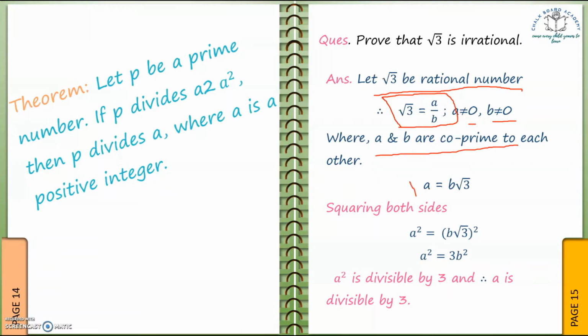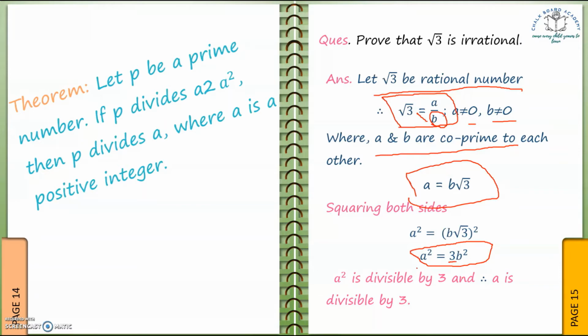So now we can simplify this further. We have just done cross multiplication where the denominator, that is b, has been multiplied to root 3. So we got the result a is equal to b root 3. Now we are squaring both sides. So we got a square is equal to b root 3 whole square, and after squaring root 3, we got the result a square is equal to 3b square.